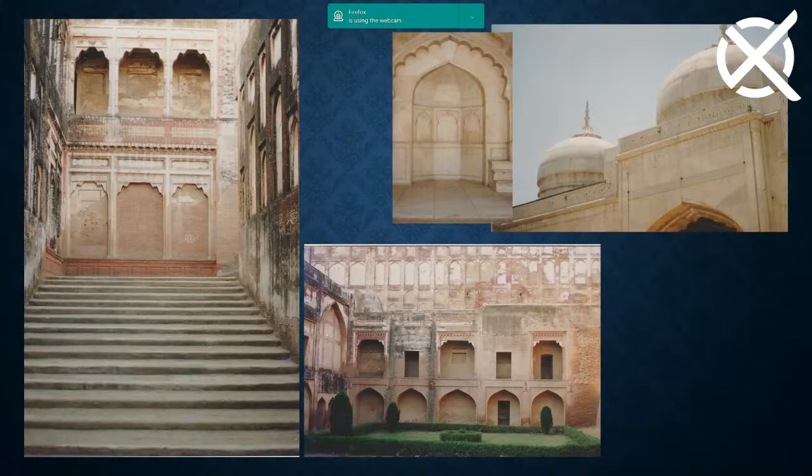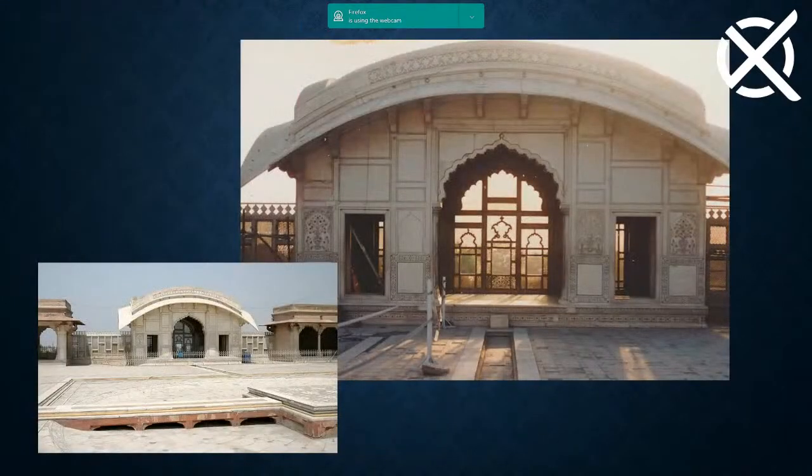This fort made me realize that Islam was not just a culture about conquering different places, but also a culture that invested in art and learning and architecture and beauty.